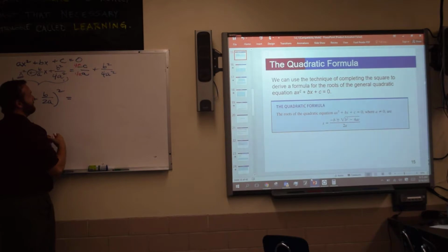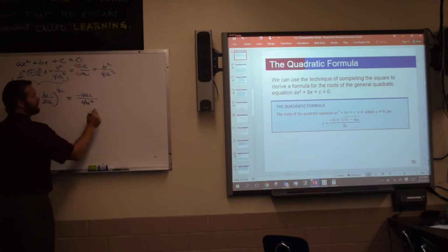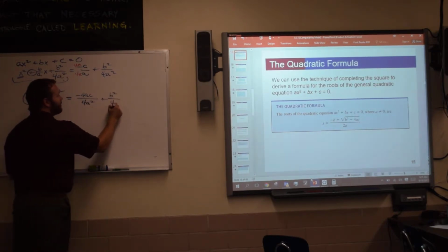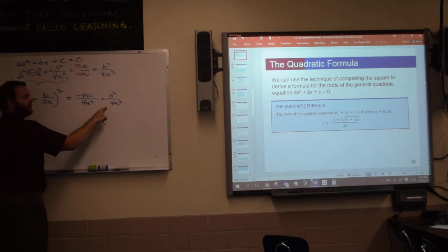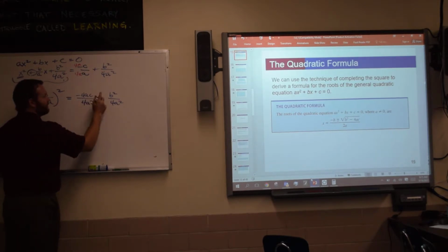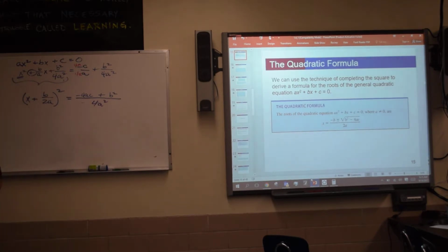So what that gives me up top, negative 4ac, all over 4a squared, plus then b squared all over 4a squared, right? Is that doable? That's what I would get if I would have multiplied all that out. Now what do you recognize about these two denominators? Now they're the same, so can I combine the numerators? So I'm just going to write it this way. Plus sign there. Make that one long division bar. And make that 4a squared. So that's what that right-hand side condenses down to in one fraction.